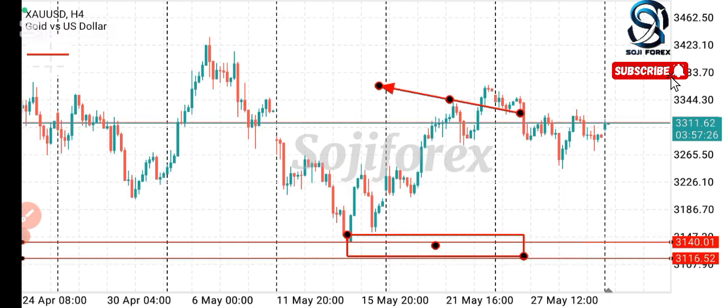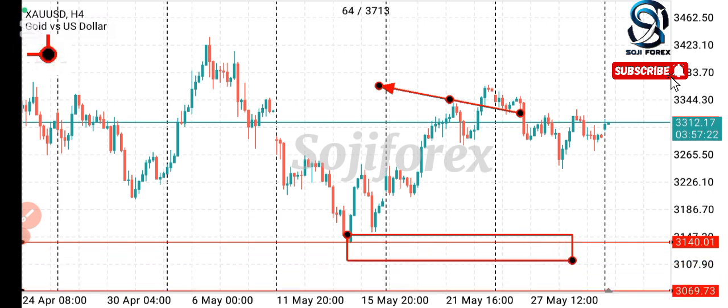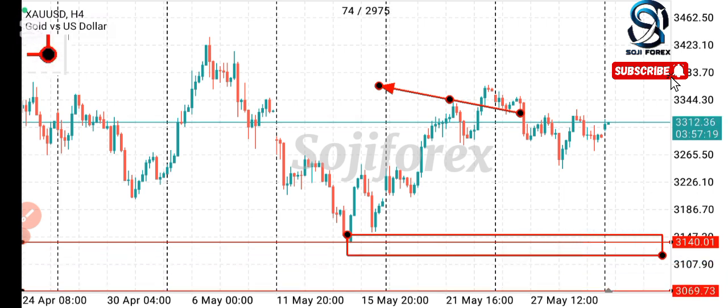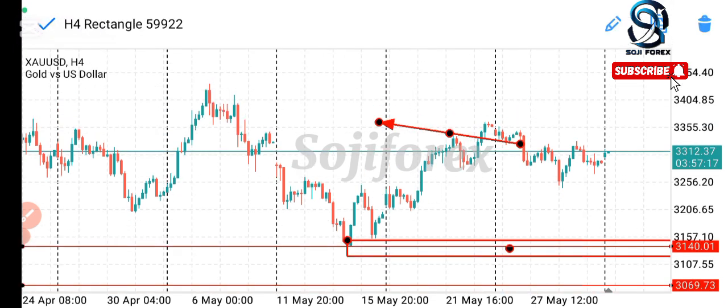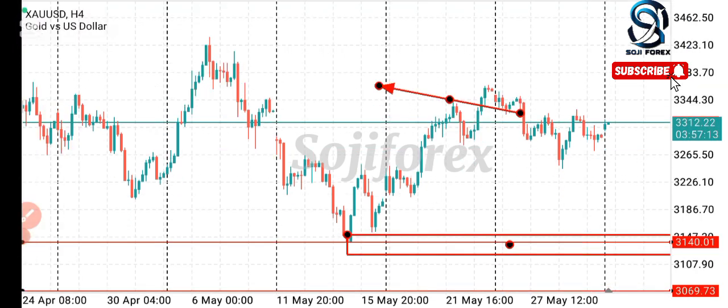So this is now our point of support. So this is our first support zone, and then afterward price moved to this point, came down, moved to this point, and then price reverses.